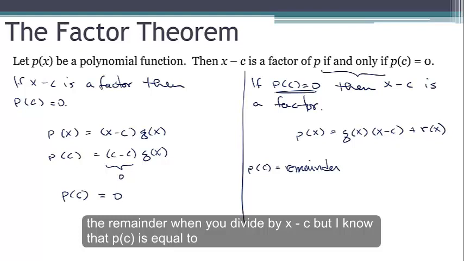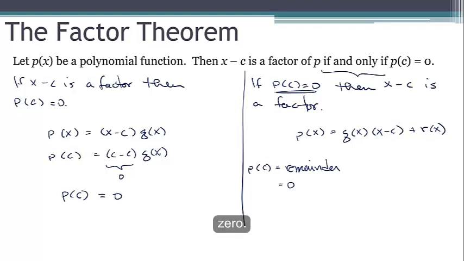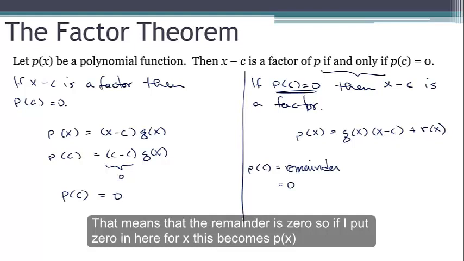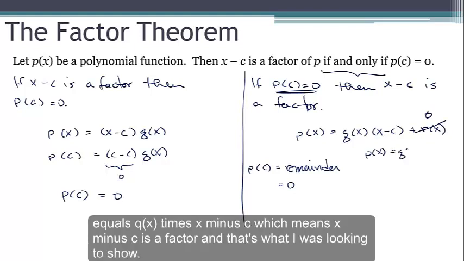But I know that p of c is equal to 0. Well, that means that the remainder is 0. So if I put 0 in here for the remainder, this becomes p of x equals q of x times x minus c, which means x minus c is a factor. And that's what I was looking to show.